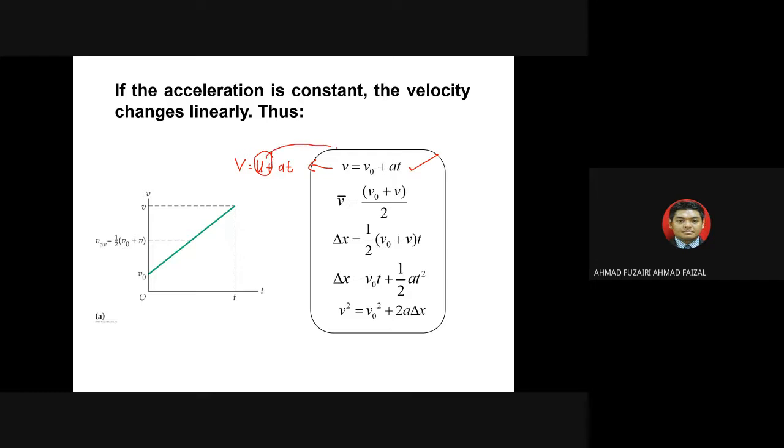Right now you must use v naught, where the naught is the initial velocity, and v is the final velocity. A is acceleration and t is time.